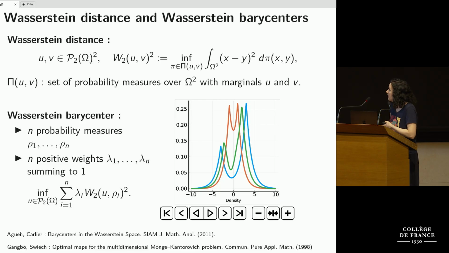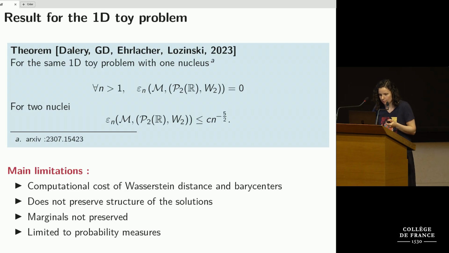What we see is that the barycenter smoothes out the solution a little bit, and if you go to higher dimension and you need to perform very big simulations, you will be forced to use a pretty large regularization parameter, which will completely destroy the structure of the solution. This will be a problem. I will show later that there are also problems in that the marginals are not preserved. Also, I forgot to mention that this Wasserstein distance is limited to probability measures.